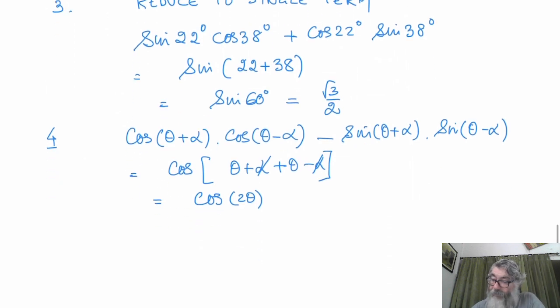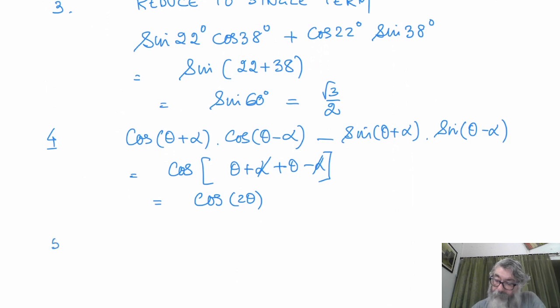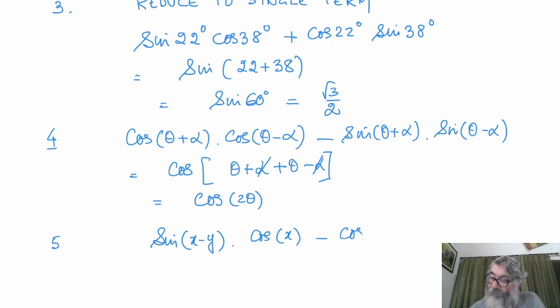Let's see the next sum. It is again reduced to a single term: sin of x minus y into cos x minus cos of x minus y into sin x. Again the same thing: sin A cos B minus cos A sin B. The combinations are sin cos, cos sin.